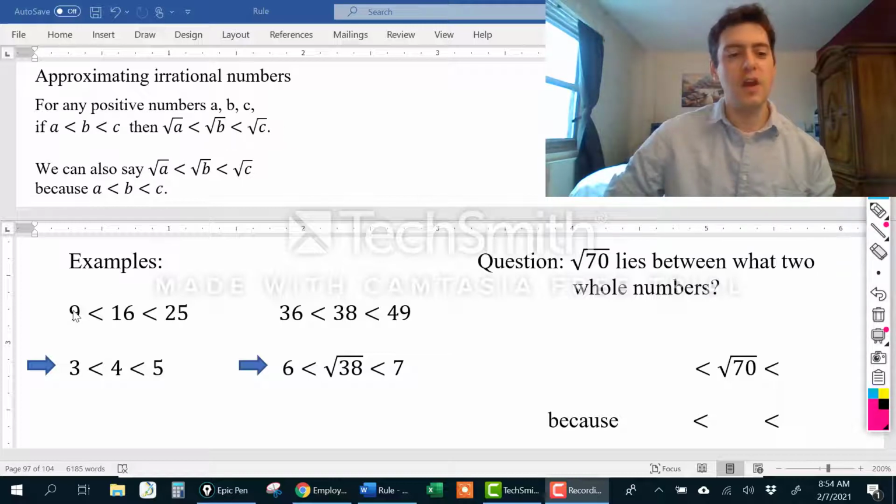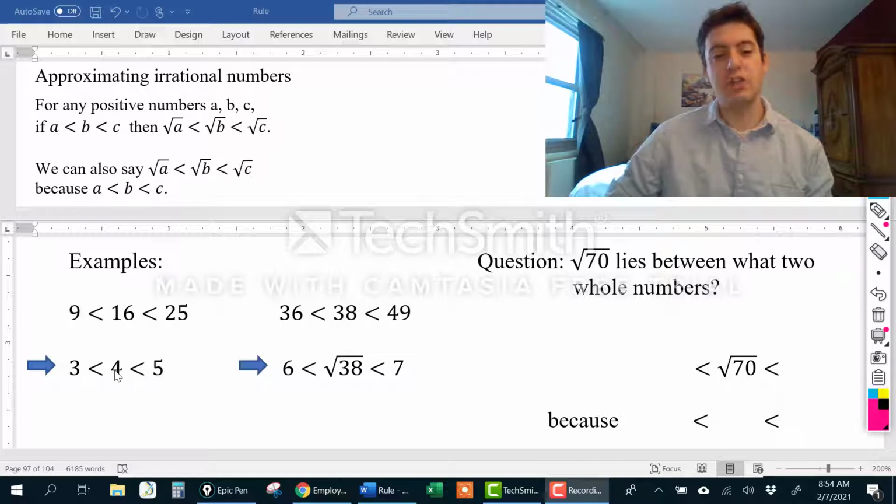So the square root of 9, which is 3, must also be less than the square root of 16, which is 4, because 4 times 4 is 16, and that must be less than the square root of 25, which is 5, because 5 times 5 is 25.